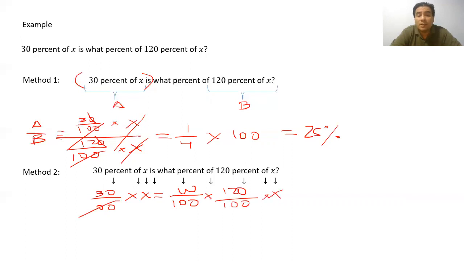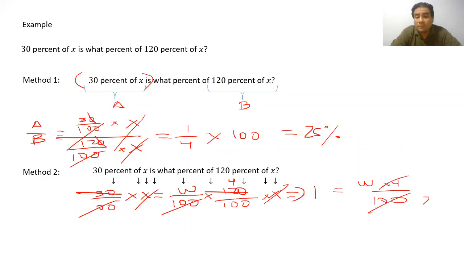So here the 100s can go away. 30 with 120, you just get 4 here. The x's can cancel, and you just isolate W. So you would have 1 equals W times 4 over 100. You simplify again, and you have 25, and then W would be 25%. That's it.